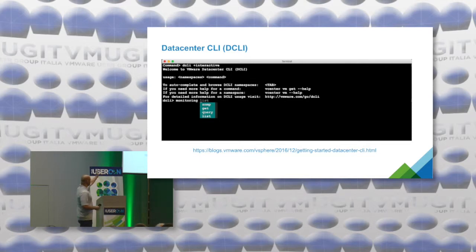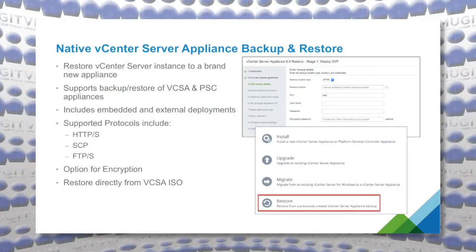And then all of a sudden, another list comes up. And once I select that, another list comes up. So I can, in theory, create my script here, test it, and then take it, and now I can schedule it to run anywhere, all right? So if you want to get started, DCLI is a good way to get started, and later on you can take that and use it in PowerCLI.